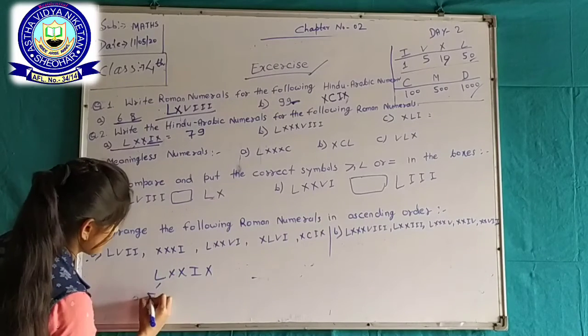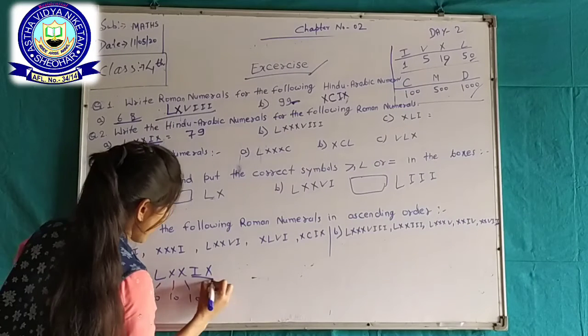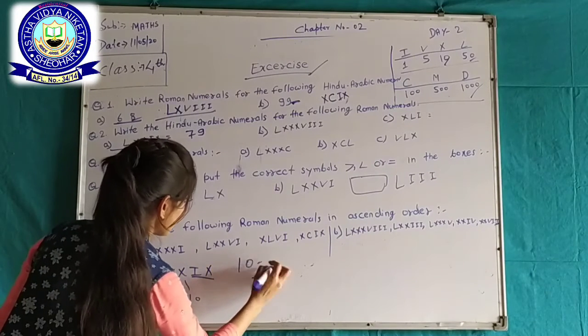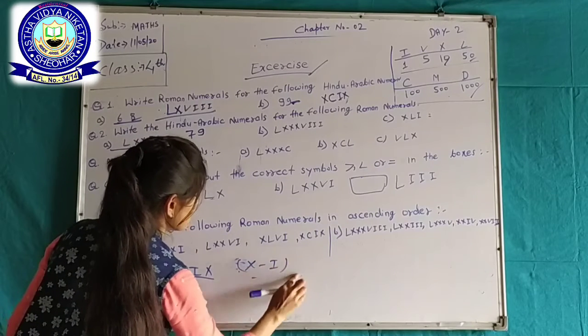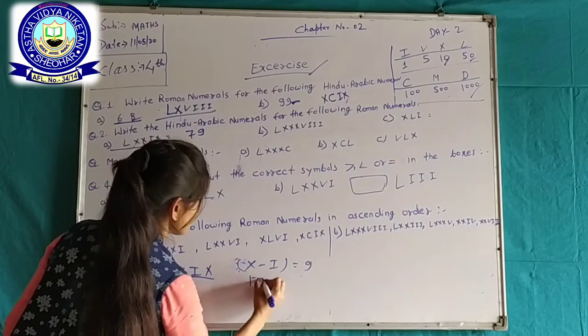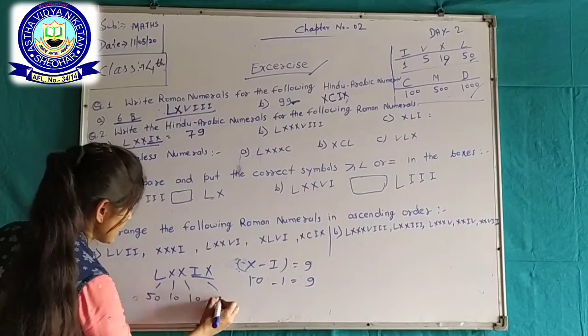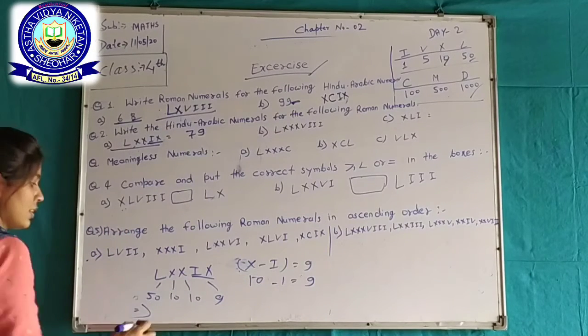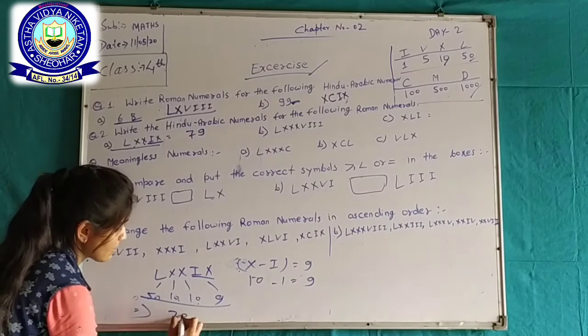L means 50, X means 10, and this X means 10. Here I and X, we all know it is 9. X minus I equals 9, because X means 10 and I means 1. So here is 9. Add it all: 50, 60, 70 plus 9, it will be 79.